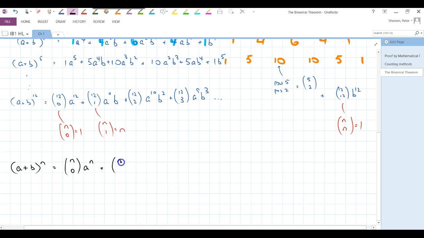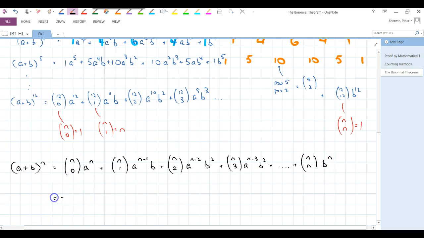Our next coefficient is nC1, a to the power of n minus 1, b. So a is coming down in power each time, and b is going up, so that this power plus this power always equals n. And so we go on to write down all the terms, the last one being nCn, b to the power of n.